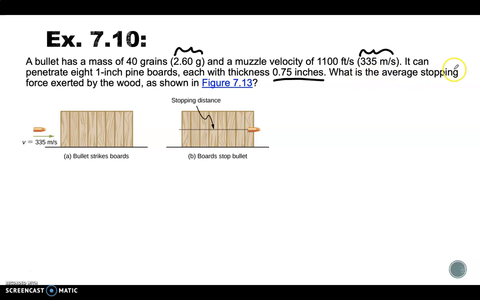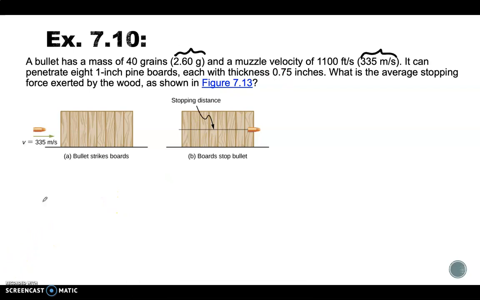What is the average stopping force exerted by the wood as shown in this figure? Okay. So we need to determine the stopping force exerted by the wood. So this is going to come back to our frictional force. Okay.